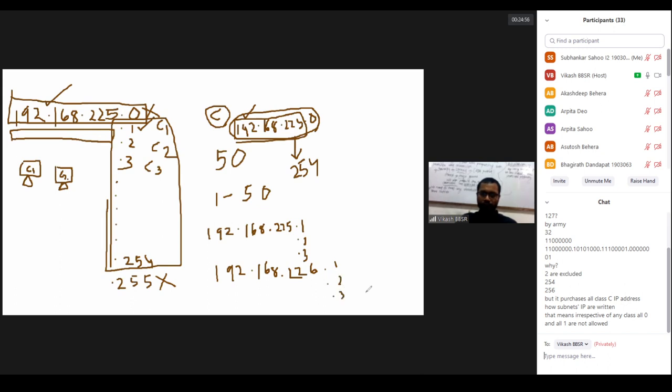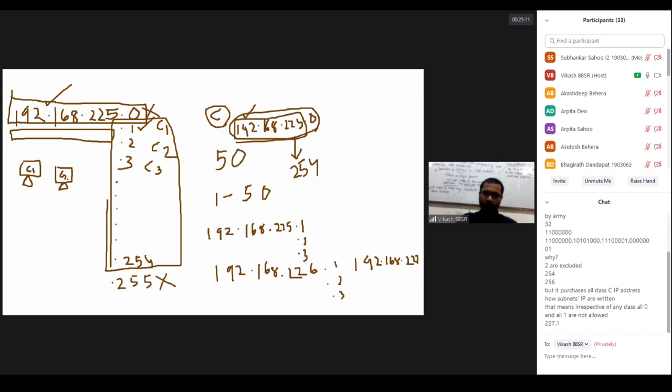When it completes 254, it will purchase another, 192.168.227, like this. Then .1, .2, .3. So in this way the IP address is distributed.